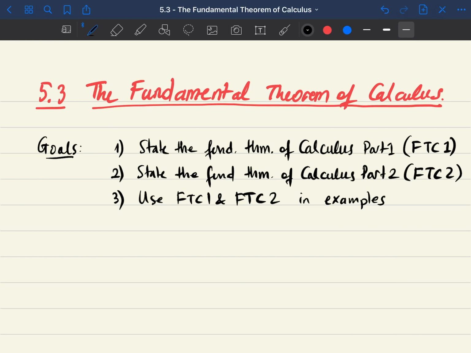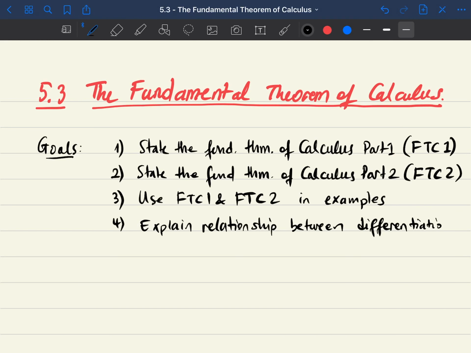Okay, and then we're going to explain a powerful relationship between differentiation and integration.